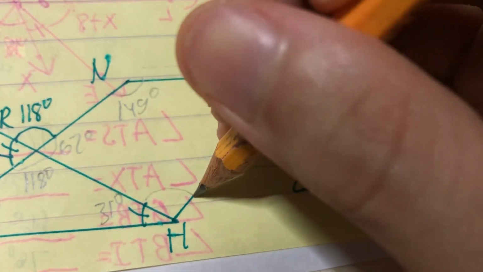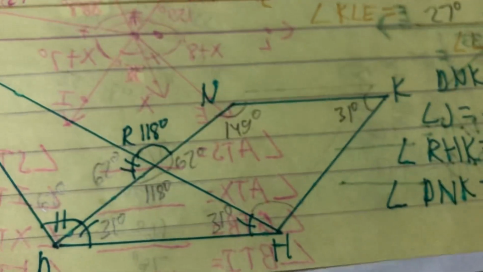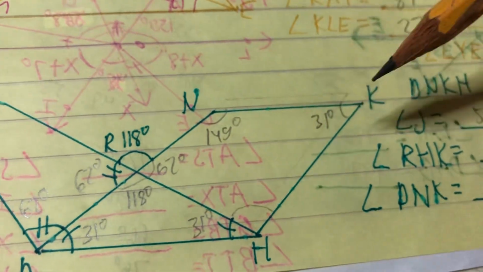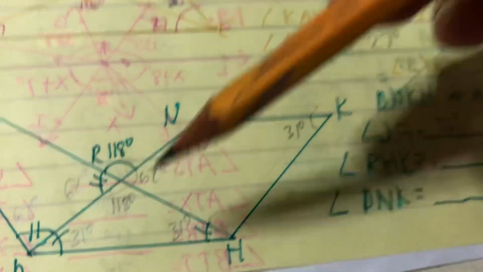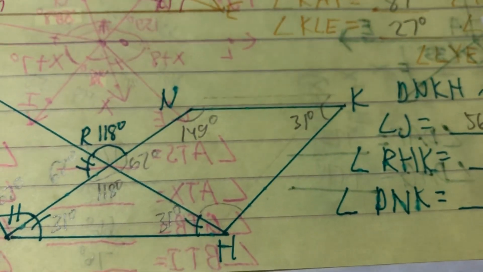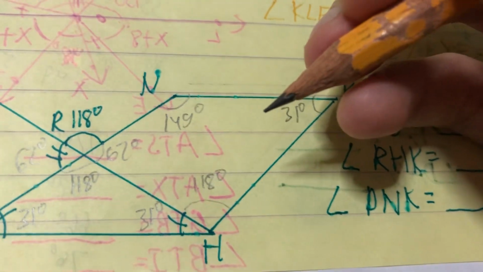And what's the measure of this remaining angle? You can do it in two ways. Either 62 plus 149 plus 31, then sum everything up and subtract from 360, or 149 minus 31, which gives 118. So this one should measure 118 degrees too.